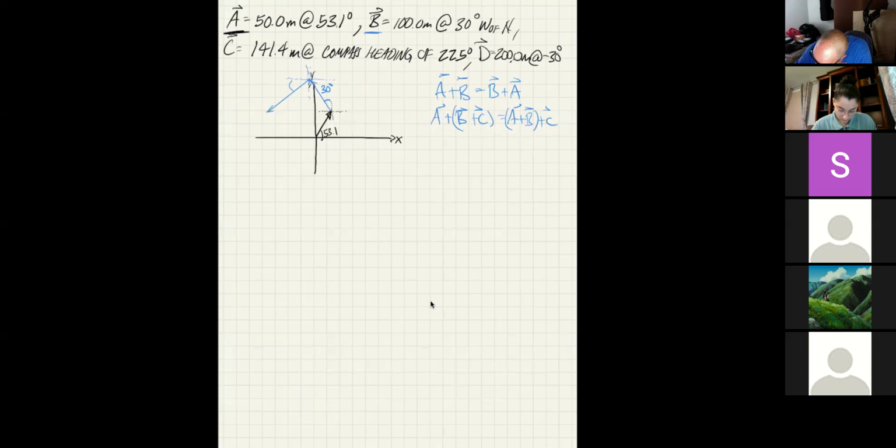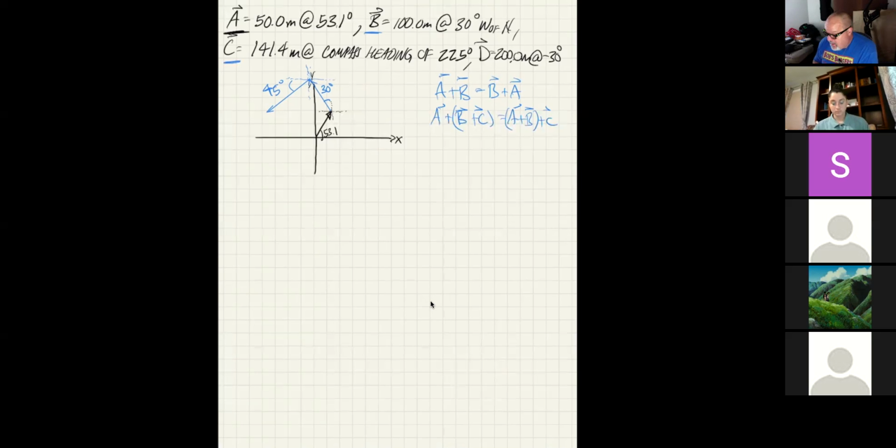And this angle right here is 45 degrees. Okay. That one really should have been a different color, but I'll mark this as that too.